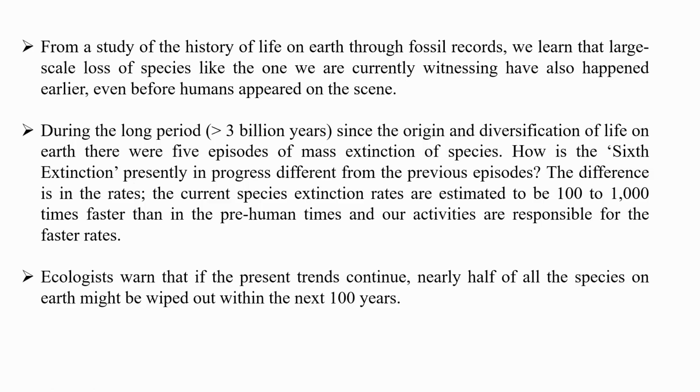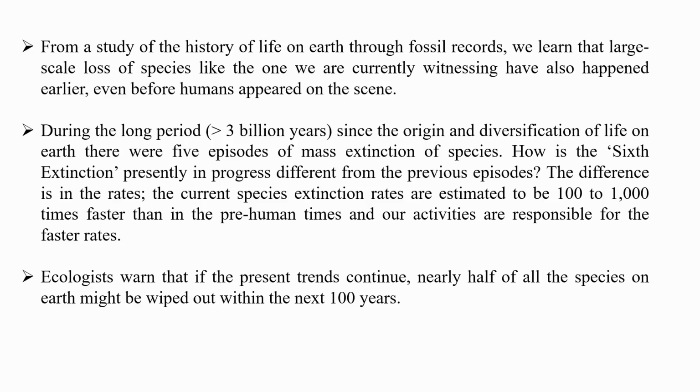During the long period of more than 3 billion years since the origin and diversification of life on earth, there were 5 episodes of mass extinction. So is it the sixth extinction presently in progress? And if it is, how is it different from the previous 5 episodes?